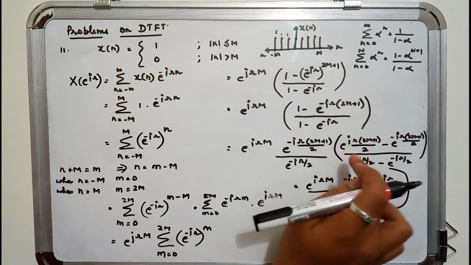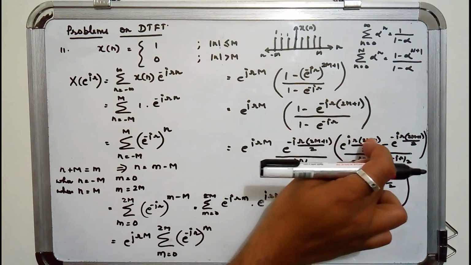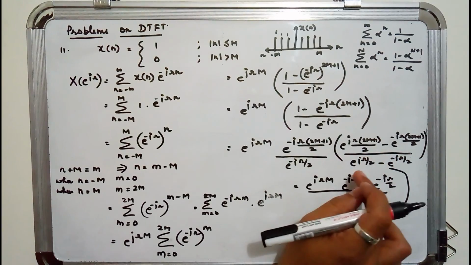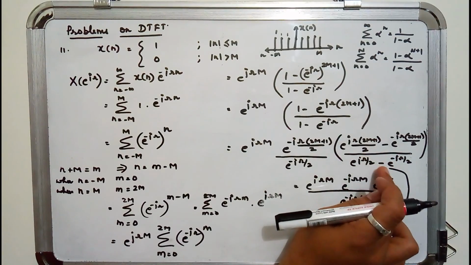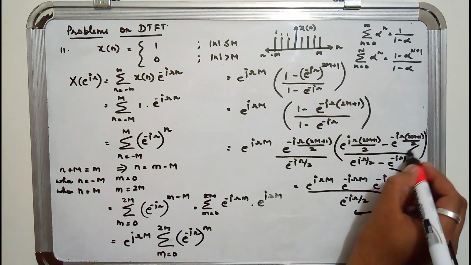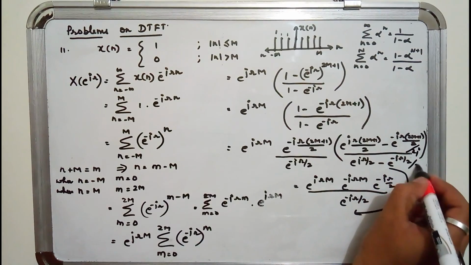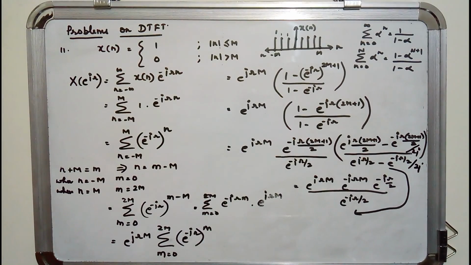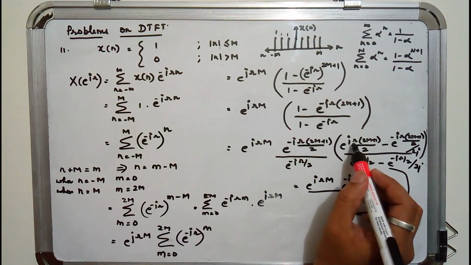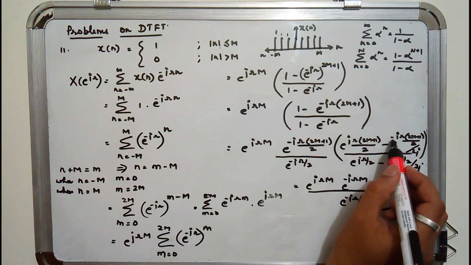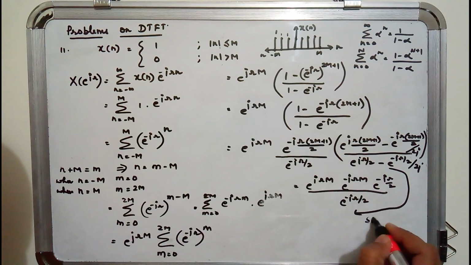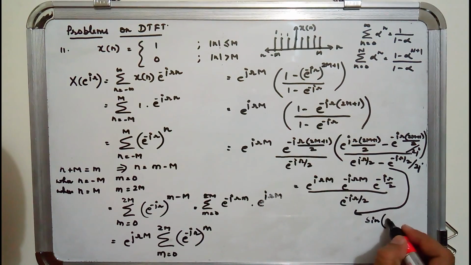Now what is this term? It is e power j theta minus e power minus j theta, and here also I have e power j theta minus e power minus j theta. So if I divide the numerator by 2j and divide the denominator by 2j, it will not change the values. So what it will be? This value is e power j theta minus e power minus j theta divided by 2j. It is sine of that. So it will be sine of theta. What is theta?